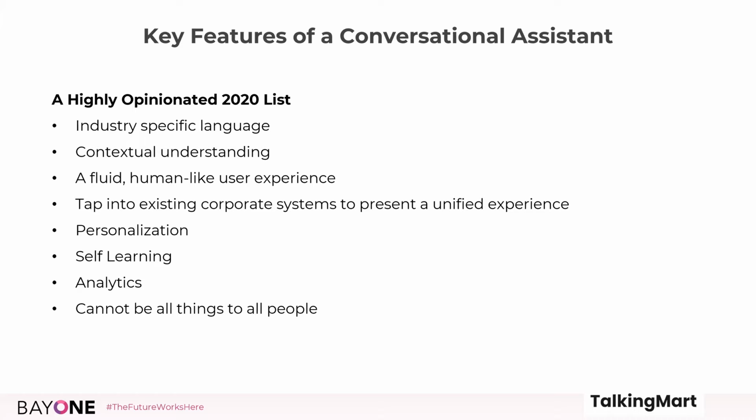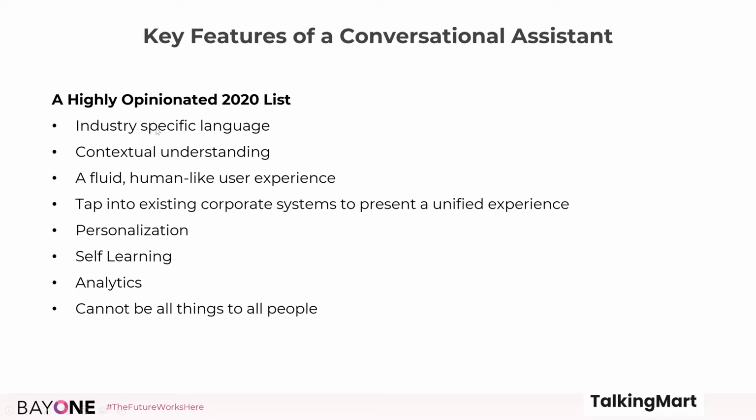In my mind also, I have not seen any single person who's the expert at everything. Maybe Google is, but I don't know anybody else. So therefore, there's a lot of room for highly targeted, highly industry specific, highly focused conversational assistants that solve a particular problem, but solve it really, really well. So here are some of the things that I would like to see happening in 2020 as this field matures.